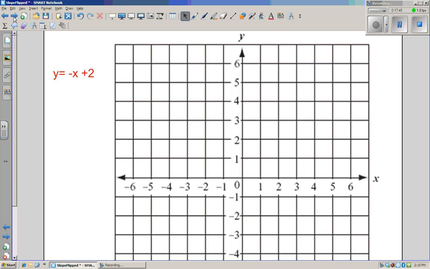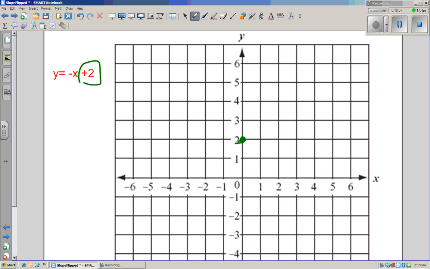Last one of the day. Go ahead. My y-intercept is plus 2. Now, we spoke about this in class, but this is a good reminder. If I have a negative x, that means if there's nothing next to the x, it's a 1.